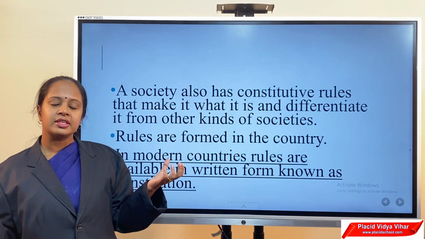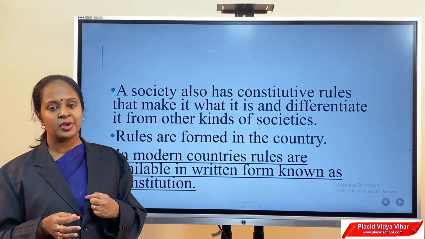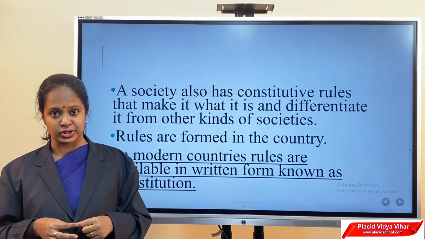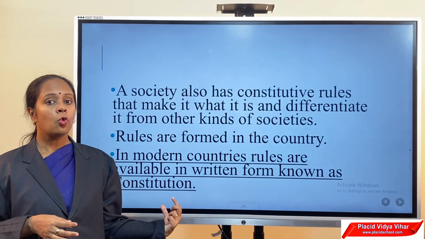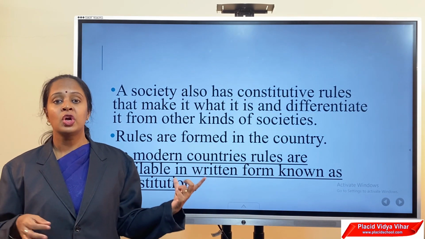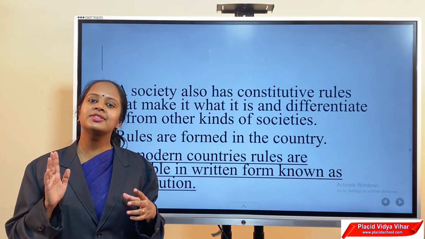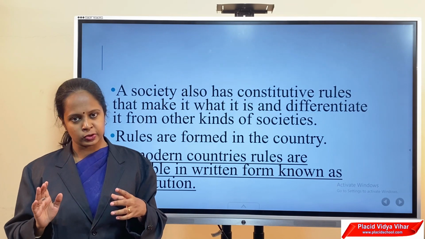In modern countries, rules are available in written form known as constitution. So children, what is meant by a constitution?